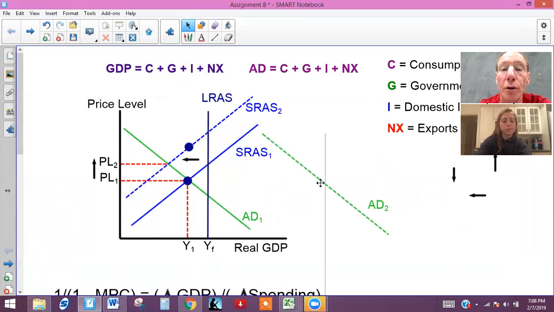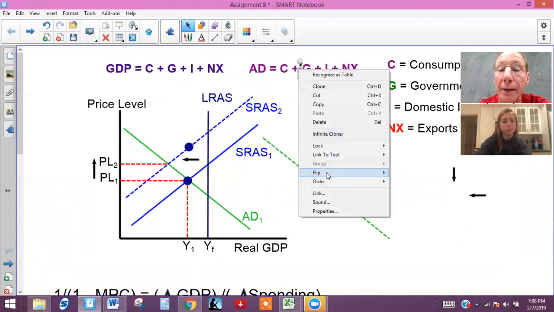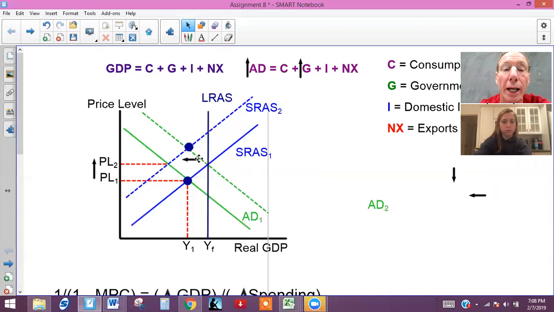If the government spends more money, that increases aggregate demand, shifting the aggregate demand curve to the right, which would happen if we were in a recession and wanted to close a recessionary gap.